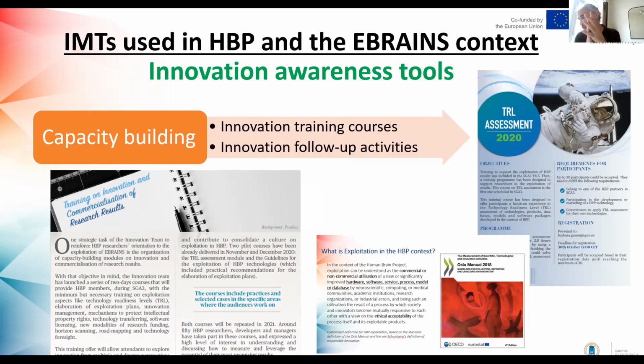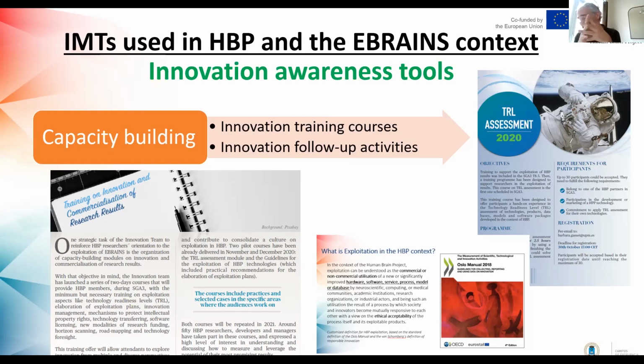And we have already collected exploitation plans from the different groups, almost all of them, and we are analyzing them. We have also delivered a course to a group of software developers in a hackathon, related to software licensing.